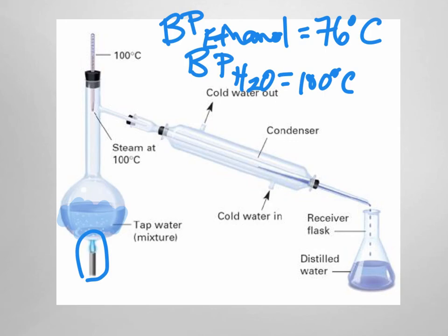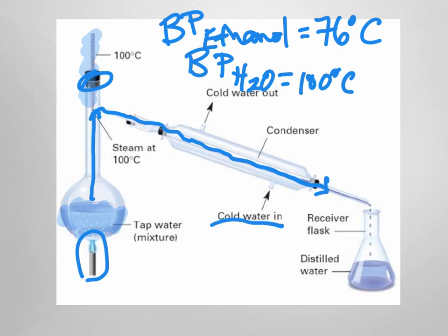They will travel up this tube to here. The thermometer will record that temperature, and it would be 76 degrees if this was ethanol in there. But this is clogged up in there, so the vapor would continue through this inner tube. Outside of that inner tube is cold water, which would go in here, and it would fill up that outer tube surrounding the inner tube, and it would end up flowing out.